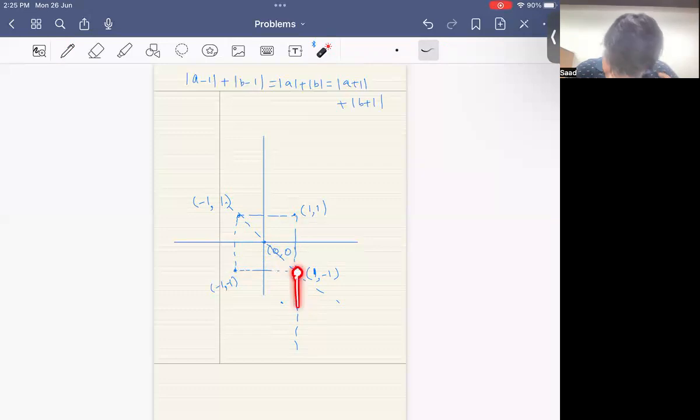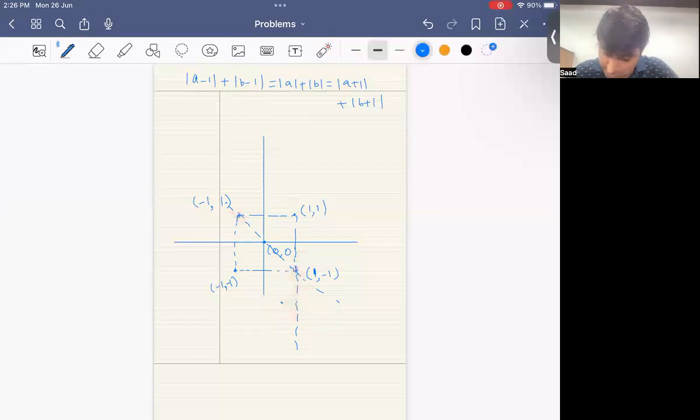Because if you go down, or down and right, you increase x and y, and therefore mod of x minus y increases. And since there was no point lying here, and we have already argued that if you go here or anywhere in this region, you're going to increase the value of mod of a minus b, this is the point for which the value will be minimum. By symmetry, the other point will be -1, 1, and so on and so forth. The same arguments can be used for other regions by symmetry.